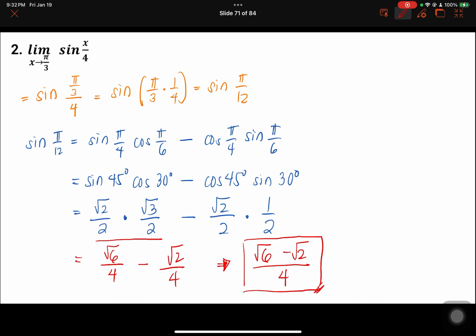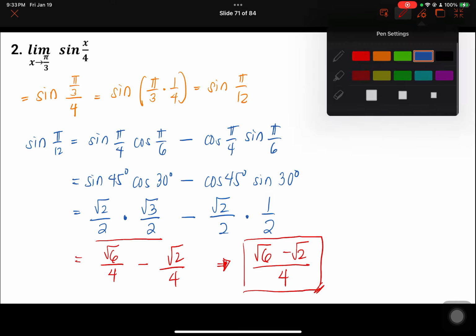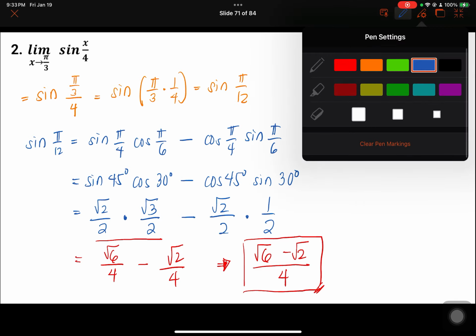So, if you can recall, dapat matandaan nyo po yung sa pre-cal nyo. So, let's have the recall of sum and difference identities natin. Yung basic na lang.